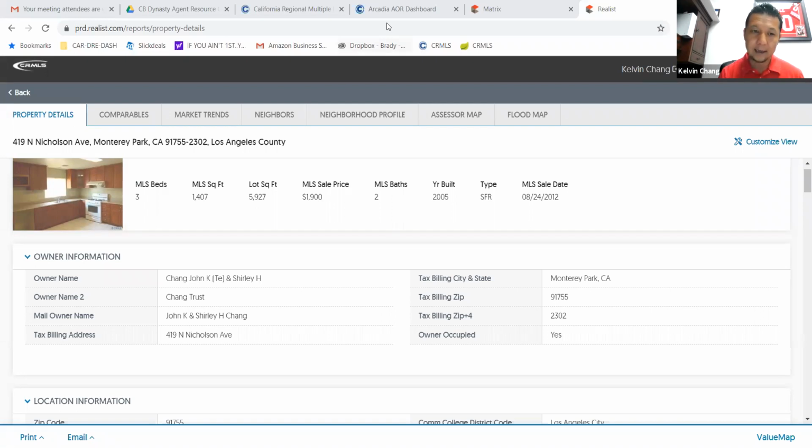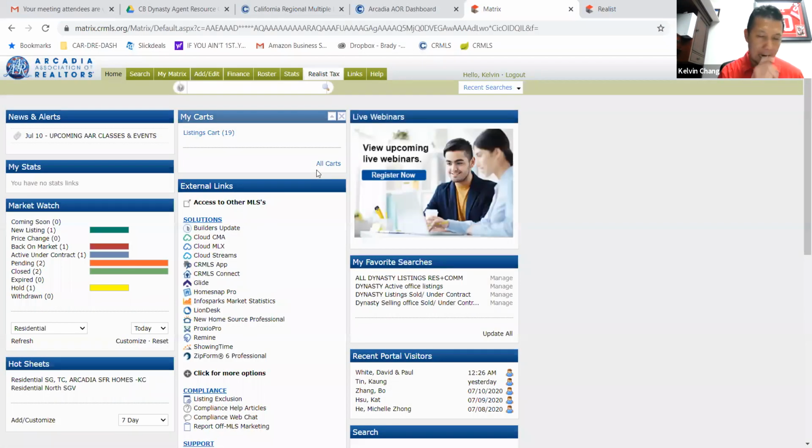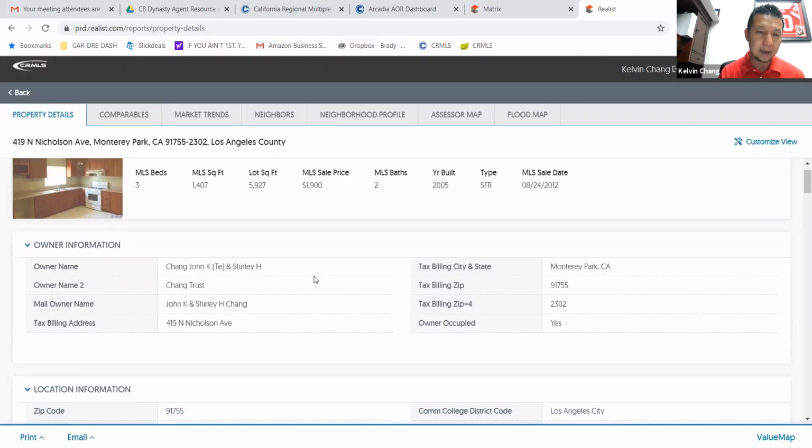Now, when I get into the property, I wanted to understand a little bit of background about the property. So the first thing I'm going to ask is I put together a list of questions that I asked the landlord, and so here is the details of what I asked the landlord.